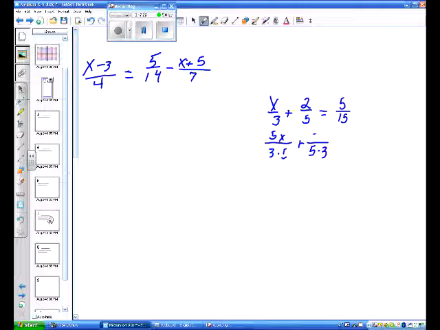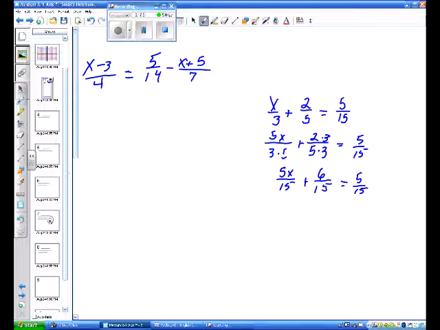So we would have to multiply our numerator by 3 also. And that's going to equal our 5/15. So what we have is 5x over 15 plus 6 over 15 equals 5 over 15.